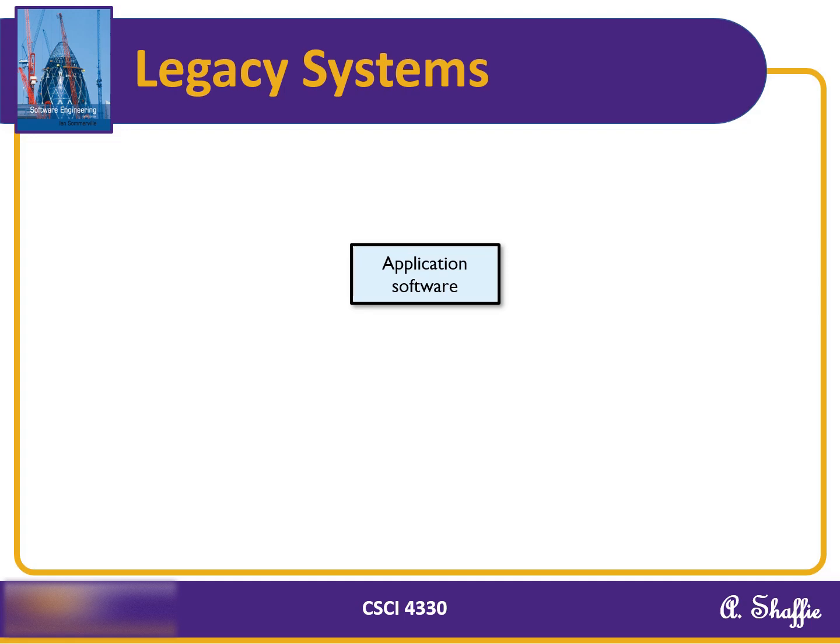It is closely tied to several other components. The application software uses and interacts with a large amount of data. This data is often structured in ways specific to the legacy system, creating challenges for compatibility with modern tools. This data may be inconsistent, duplicated, or held in different databases.